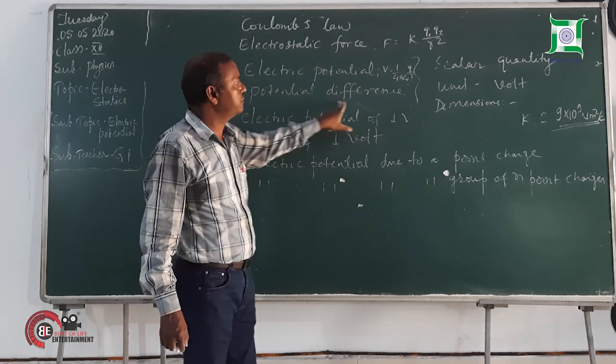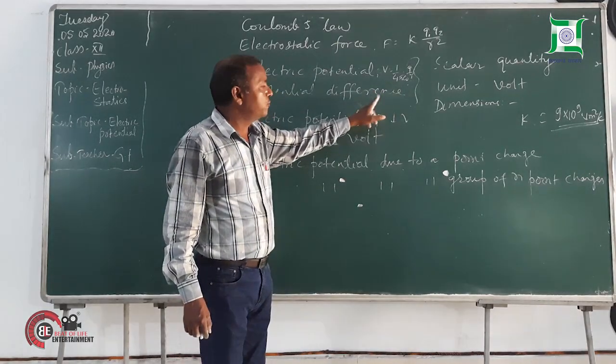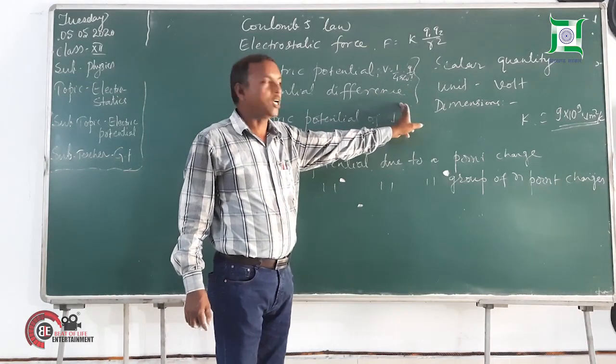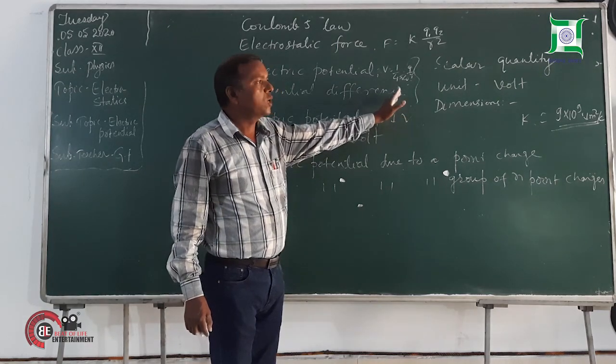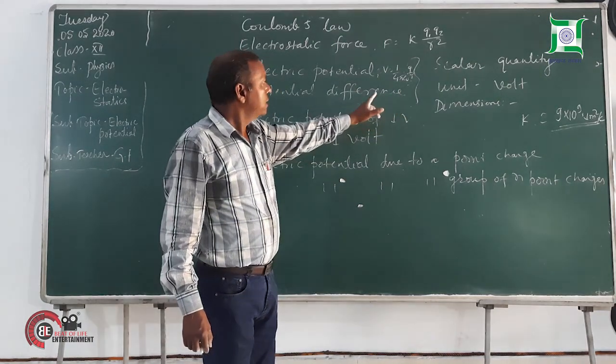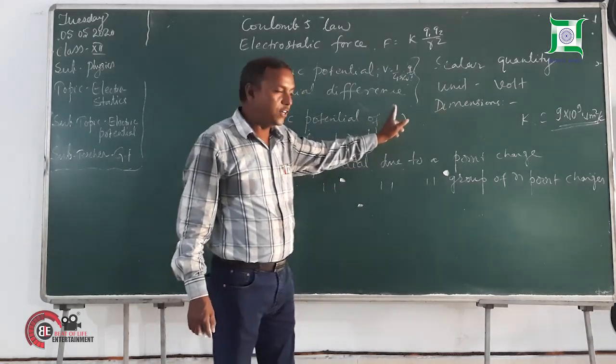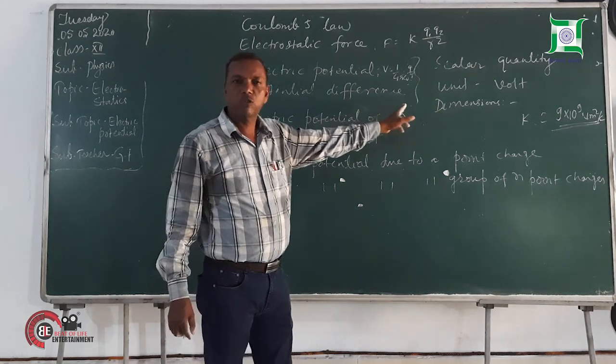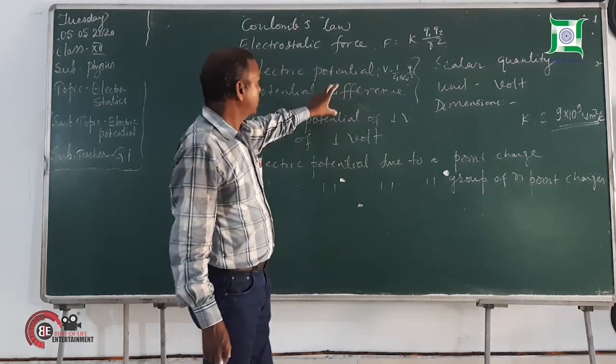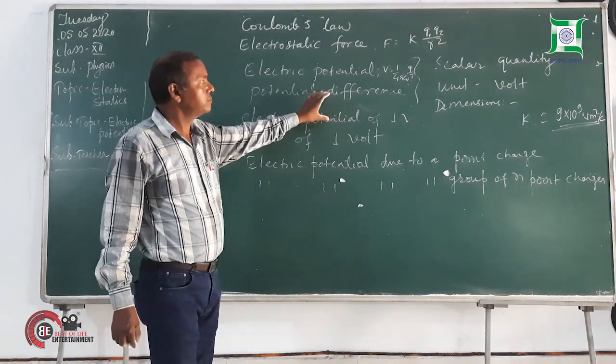Potential difference is the amount of work done in moving a unit positive charge from one point to another in an electric field against the electrostatic forces. So the difference between the two is clear.